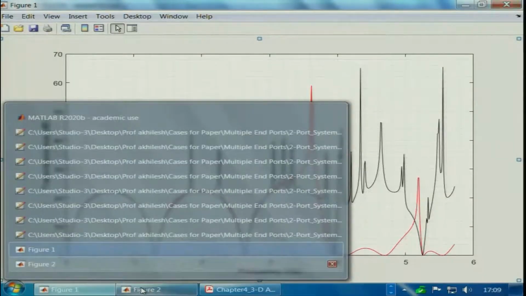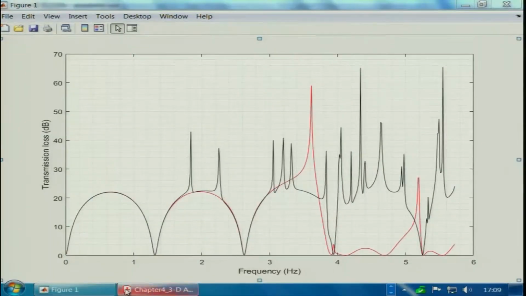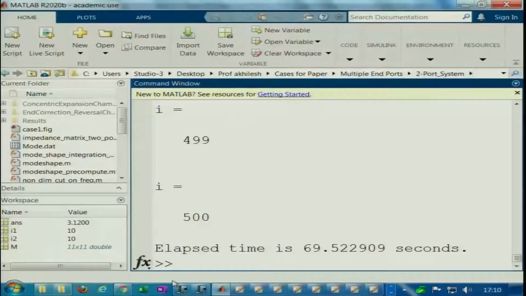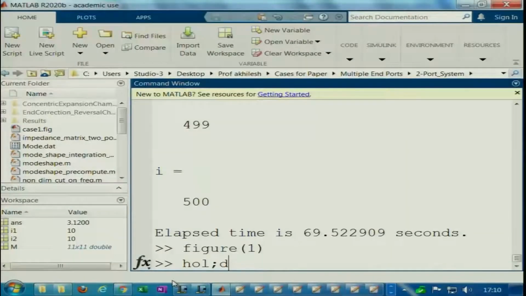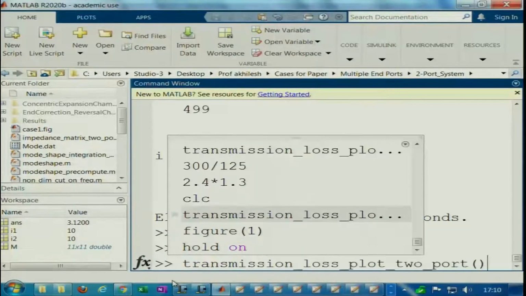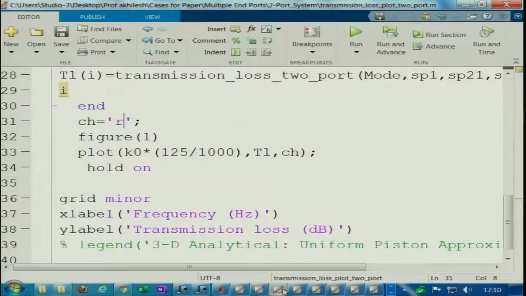We will close this figure and go to MATLAB and say figure 1, hold on, and do something interesting. We will change it to blue color to show a different plot.